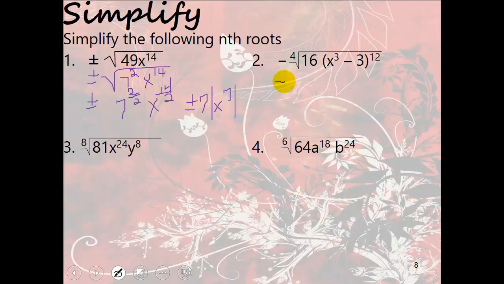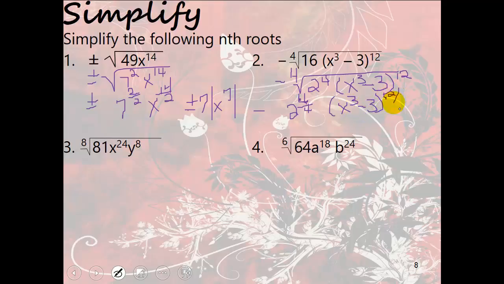This is 2 to the 4th. This is x cubed minus 3 to the 12th. So I have a negative out in front, and 2 to the 4 over 4, and then I have x cubed minus 3 to the 12 over 4.